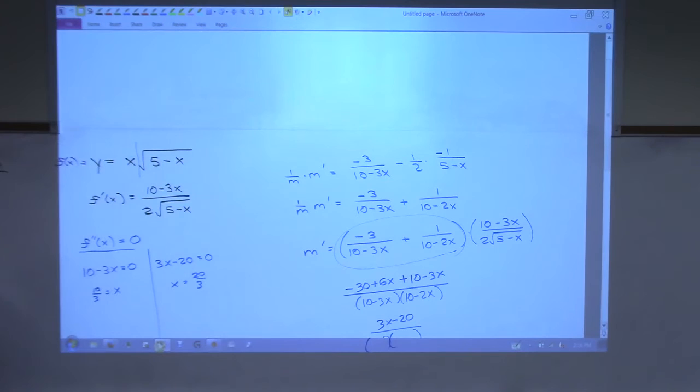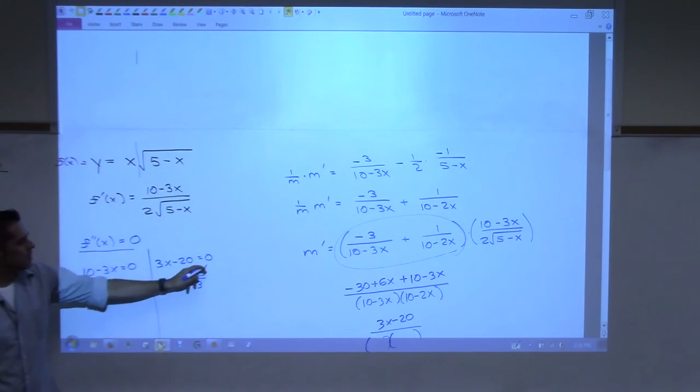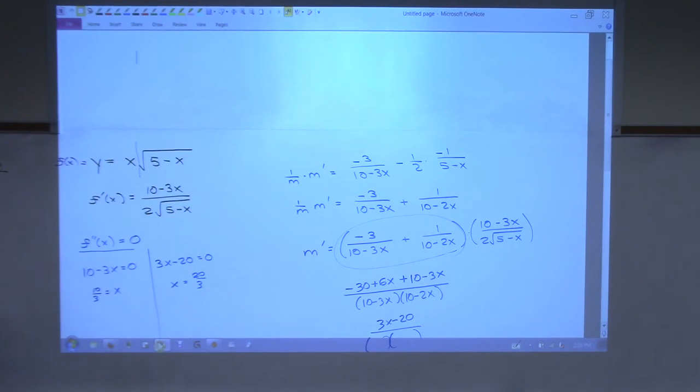This one, move the 20 over, it becomes positive 20, divide by 3. I'm going to throw this one out. Why? It's outside my domain. 20 over 3 is 6 something, so that's outside. 10 thirds is in my domain, so I've got that one.